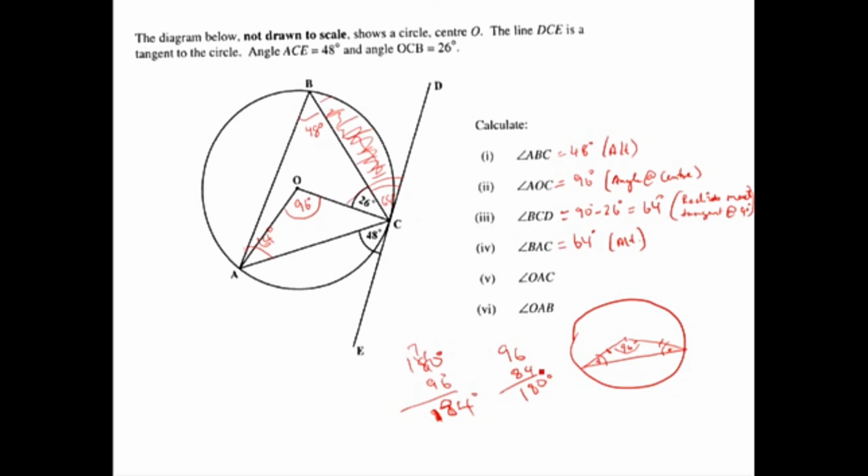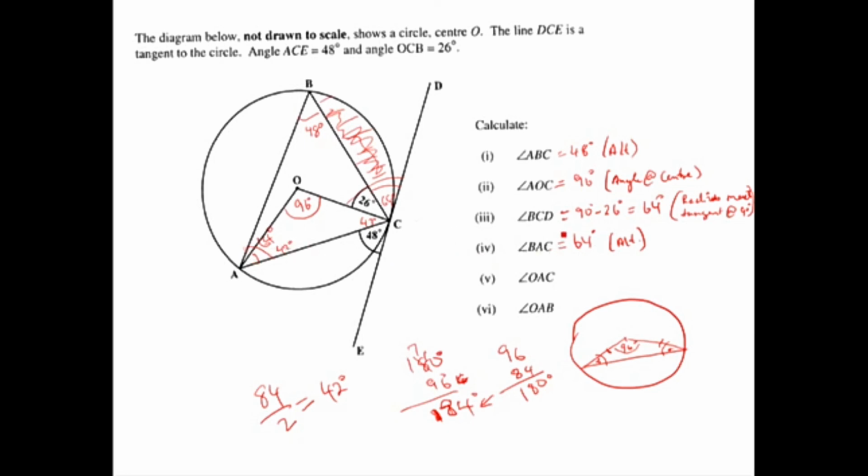So these two angles must add up to 96 degrees. So I'm sorry, my bad, 84 degrees. So what we're going to do, we're going to take the 84 and divide it in two parts, and that will give us 42 degrees. So this angle here is 42 degrees, and this angle here is also 42 degrees.